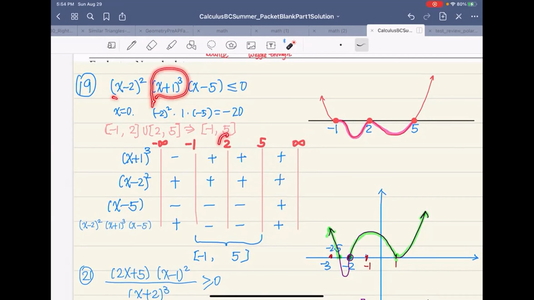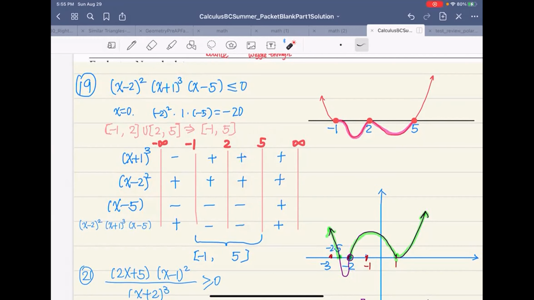When x is between 2 and 5, it is positive. X minus 2 squared, of course, always positive. X minus 5, because you are on the left of 5, so you put negative over here. Okay. And positive, positive, negative gives you a negative. Okay. That makes sense? Yes.